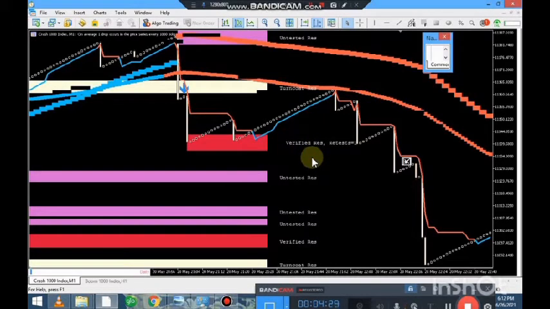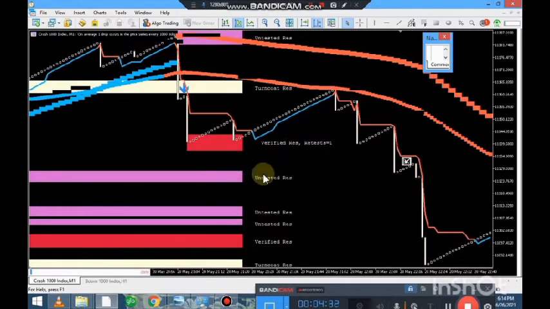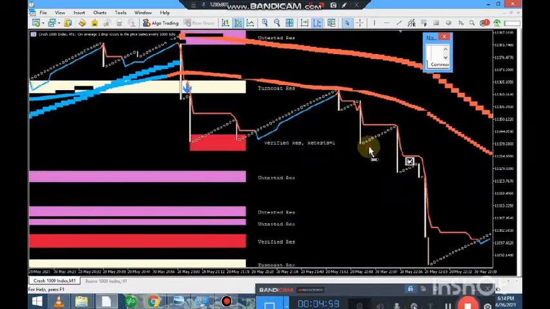So now you can have a verified zone, verified support, or verified resistance on the chart. But it does not give you the criteria that you need to buy. That is one of the mistakes we make, believing that whenever you have a verified zone, you can always buy. A verified zone can be broken. Look at it here.